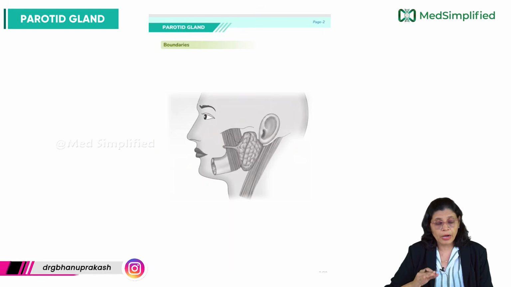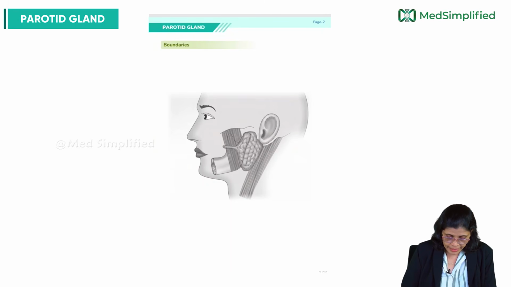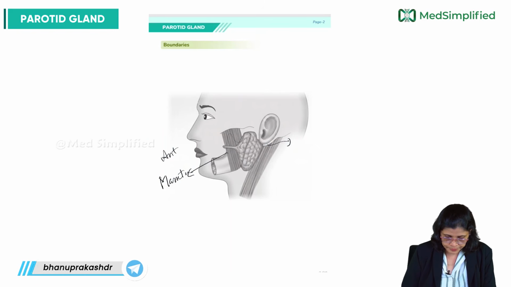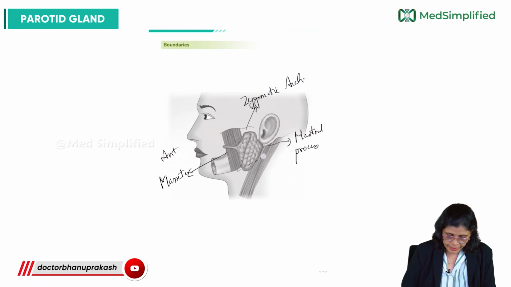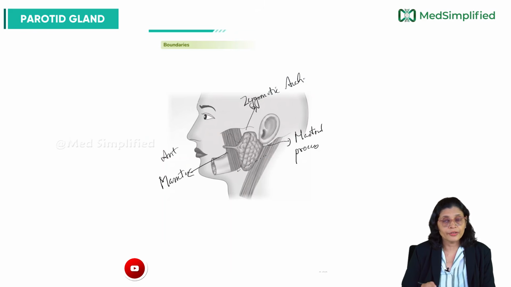This region is bounded anteriorly by the anterior border of the masseter muscle, posteriorly by the mastoid process, superiorly by the zygomatic arch, and inferiorly by an imaginary line drawn from the angle of the mandible up to the mastoid process.